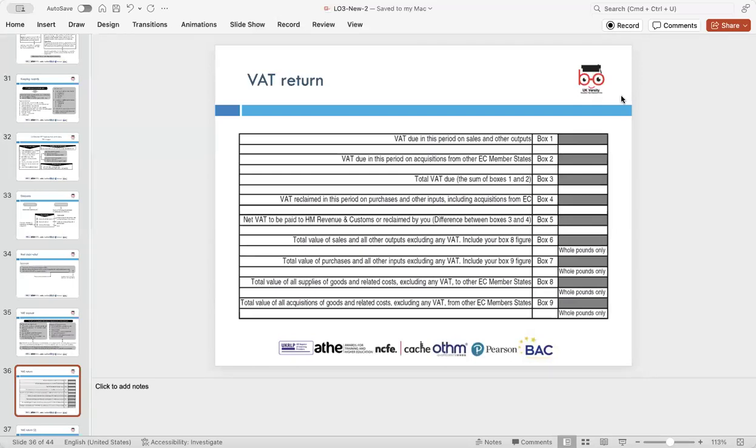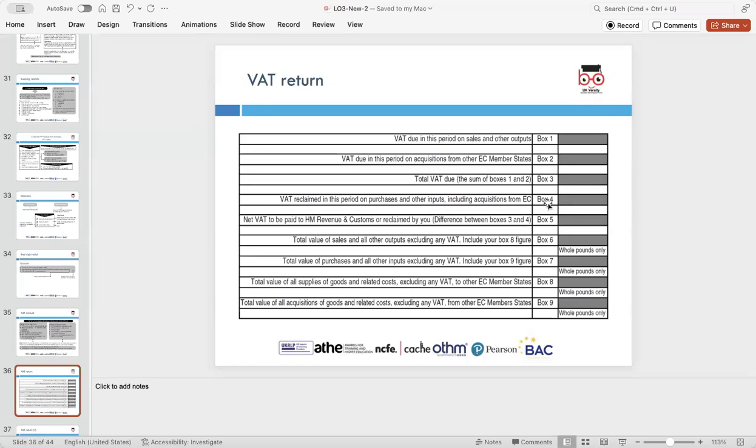Box 2, VAT due in the current period on acquisitions from other EU member states. Box 3, total VAT due, is calculated as the sum of the values in boxes 1 and 2.